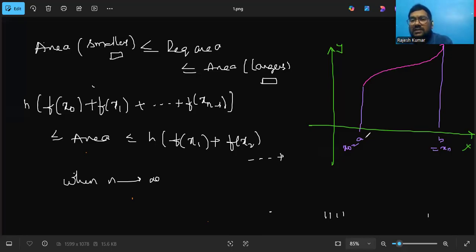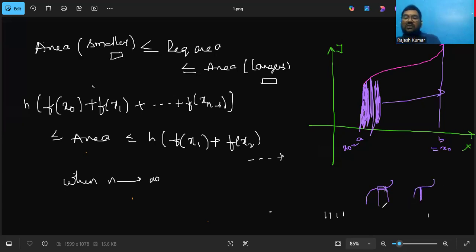That means the width is equal to 0. When the width is equal to 0, it will be like this. That means shading. Like this, you will get the entire area. When the width is like this, you differentiated: this is the lower rectangle, this is the upper rectangle. When the width is this much, how can you say which one is lower, which one is larger, which one is smaller?